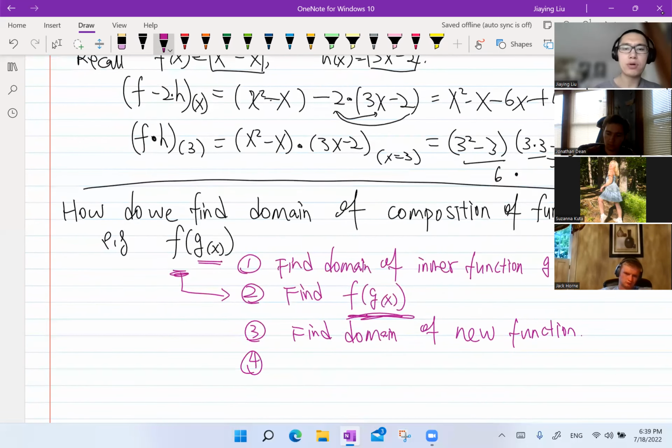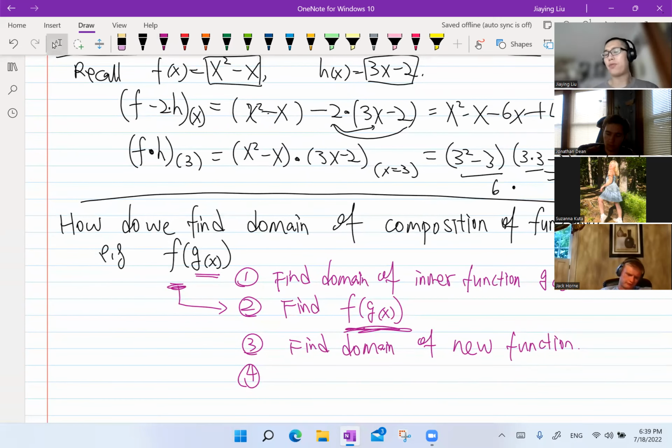And step 4, we're just going to pick all the x values that will make both g of x and f of g of x defined. Find all x that are in both domains, the domain of the inner function and the domain of the new function.